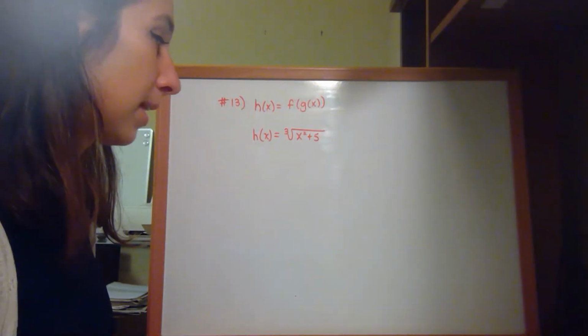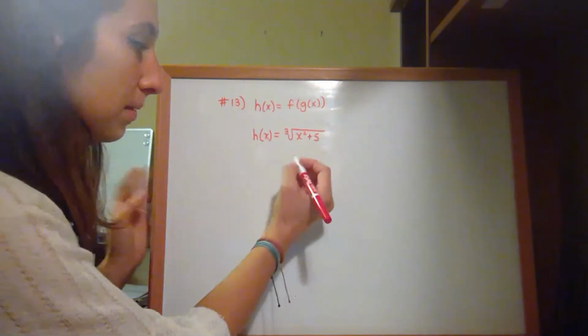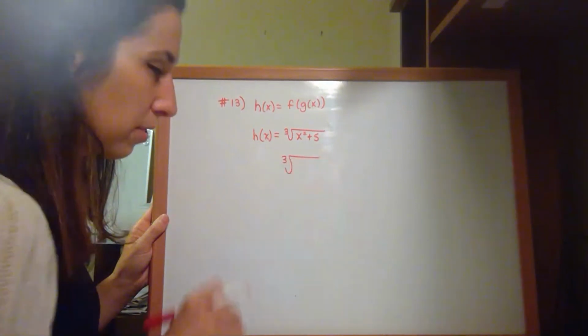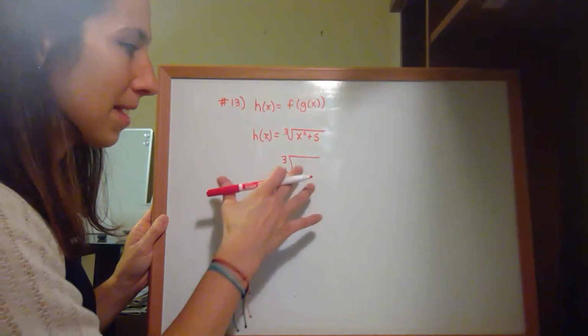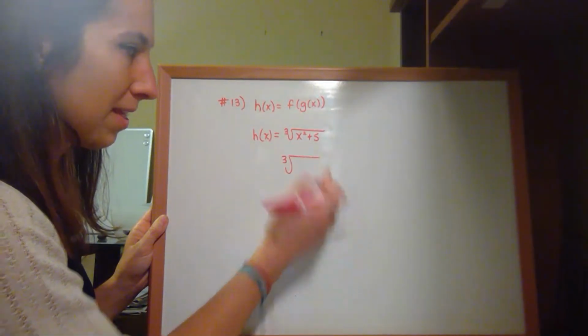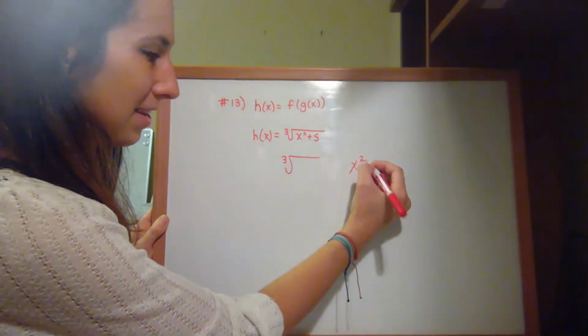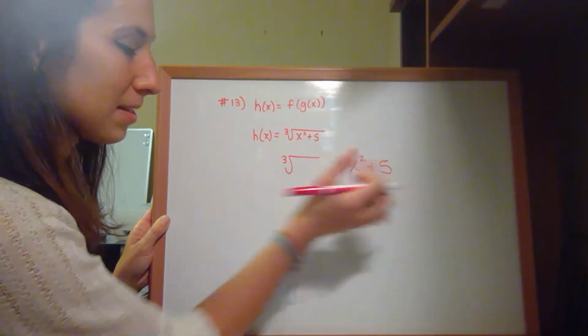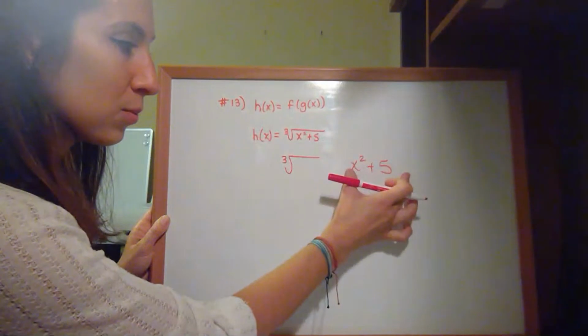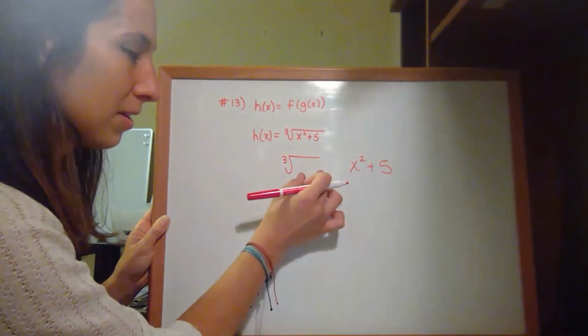Just looking at it, the outside function looks like a cubed root thing, right? So that's one type of function. Then I also see the inside. I see this. So this is something, this is something. This was put inside of this.